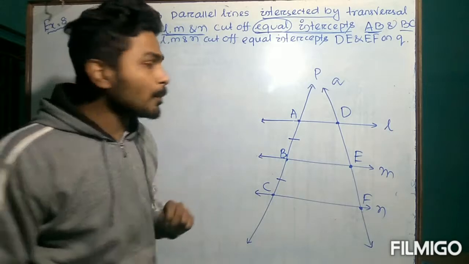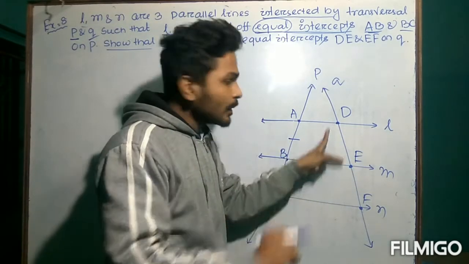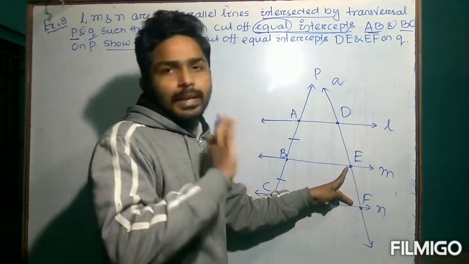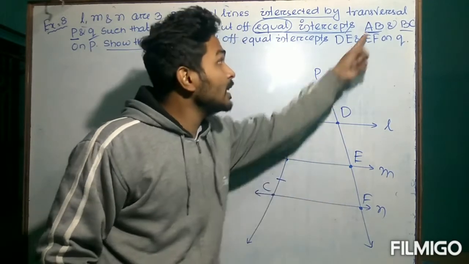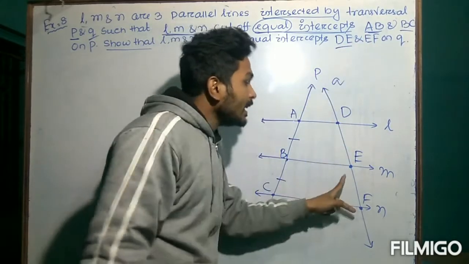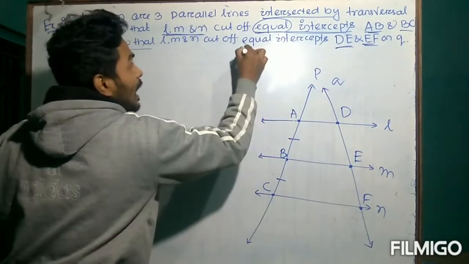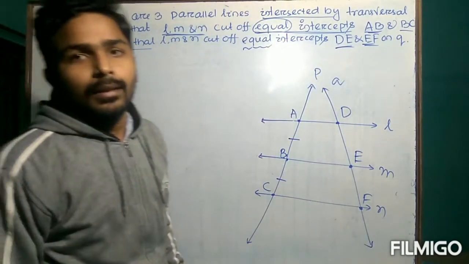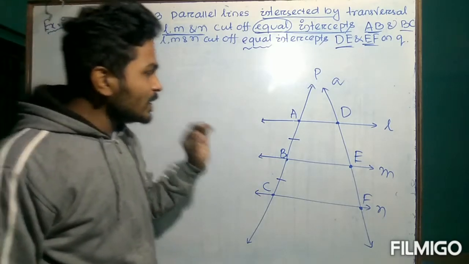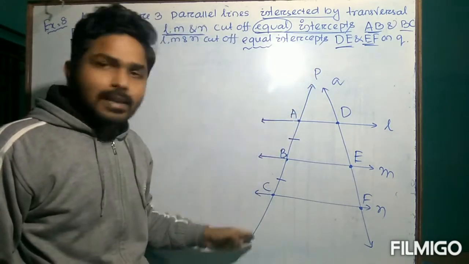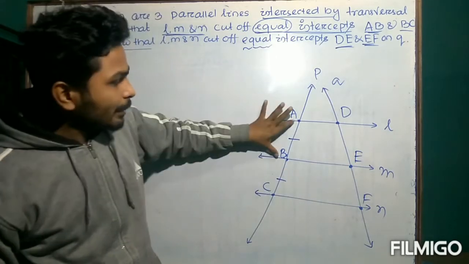Here also two intercepts form: the distance between D and E, and the distance between E and F. We have to prove that these two intercepts are equal. So initially it is given that whenever the transversal line P intersects these three parallel lines, it forms two equal intercepts AB and BC.